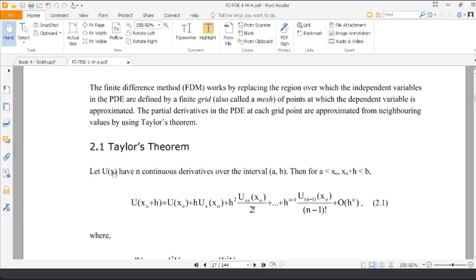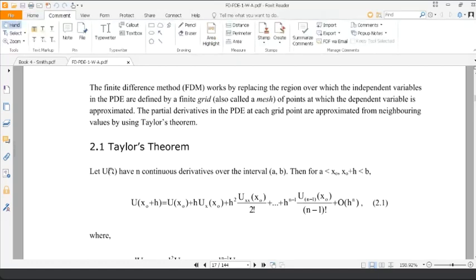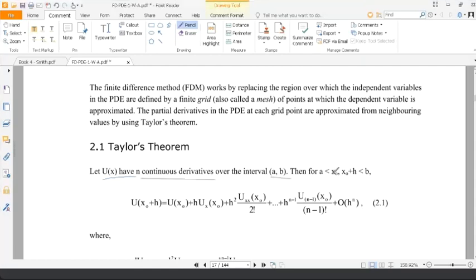Let u(x) have n continuous derivatives over the interval from a to b, and for x0 and x0 plus h in this interval, it's busy.